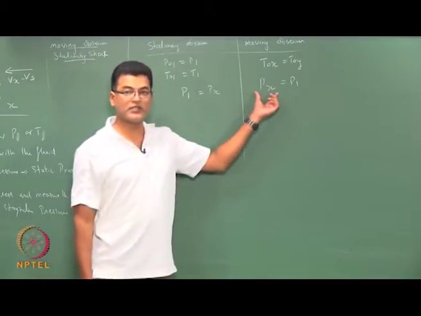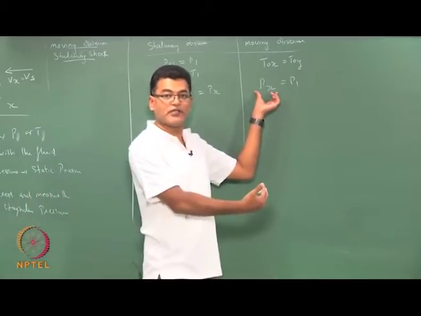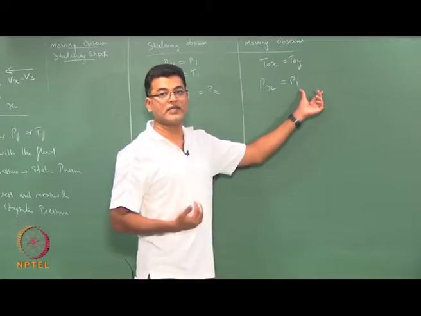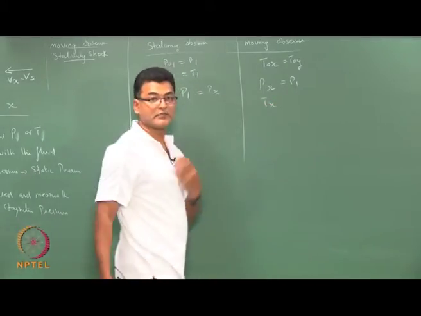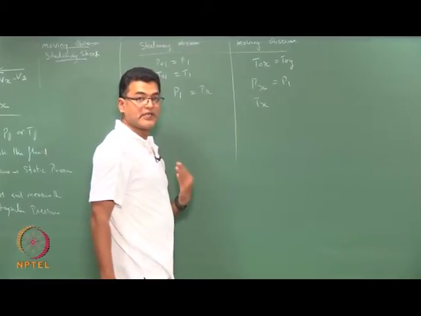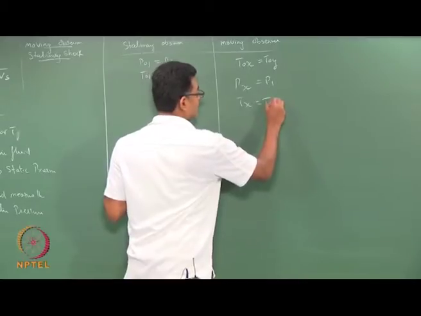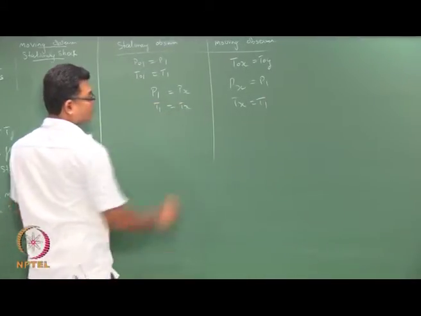The static pressure which is measured when I move along with the fluid is the same as my P1. Okay. Likewise, my Tx, which is the temperature measured when I move along with the shock, is the same as my T1.